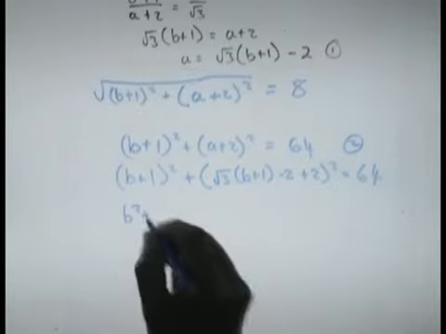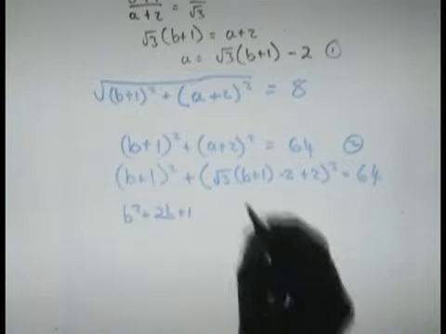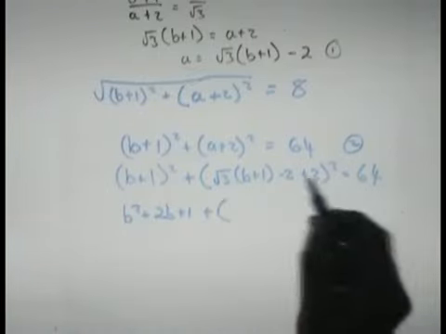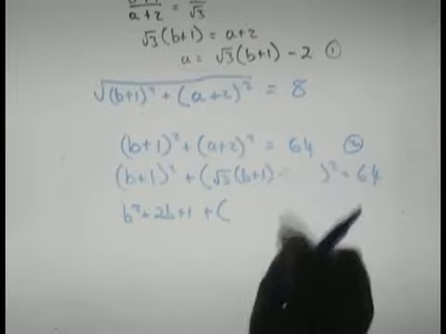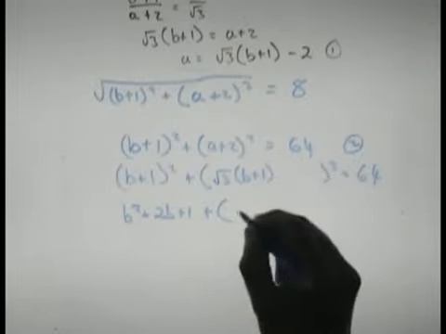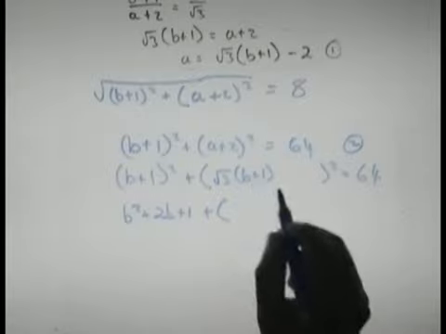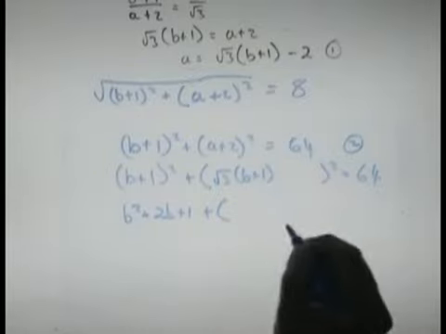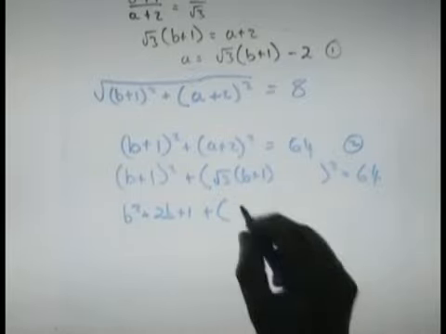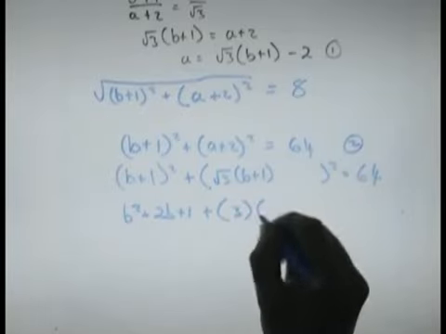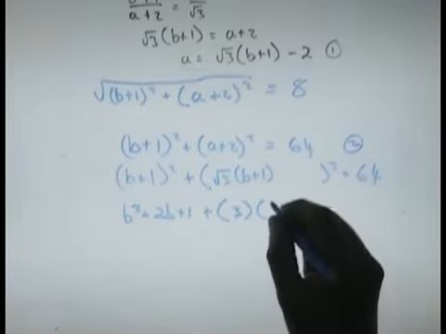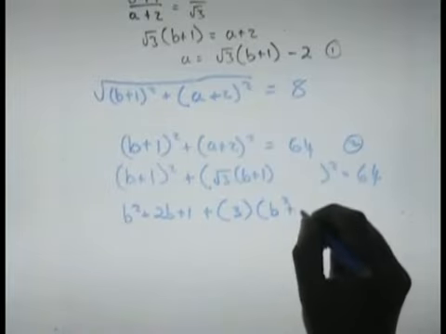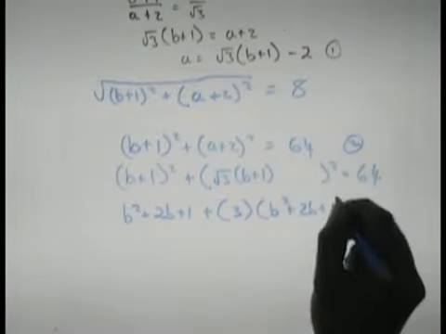That means that b squared plus 2b plus 1, plus, the minus 2 and plus 2 cancel out, so that will be plus root 3 times (b plus 1) all squared. Root 3 squared is equal to 3. (b plus 1) squared is b squared plus 2b plus 1.